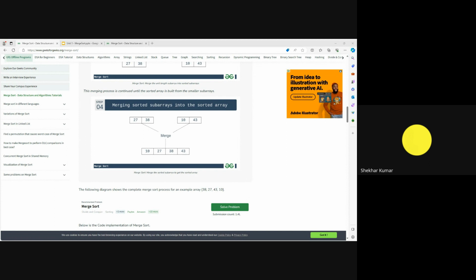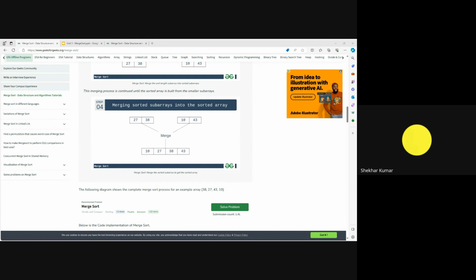And in the second part, we also recursively sort the right part of size n by 2 by calling the same function with mid plus 1 as the left end. So there were 2 parts in conquer, the first conquer part and the second conquer part.